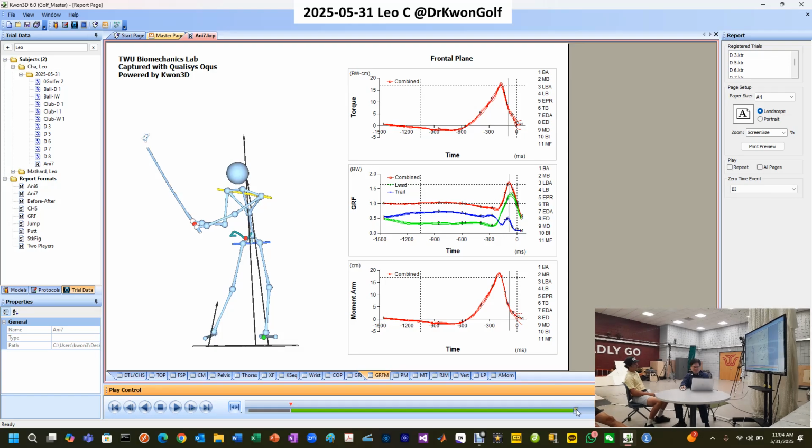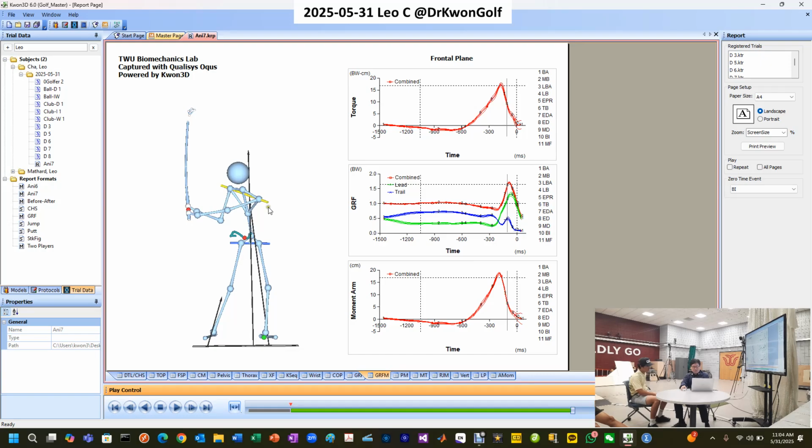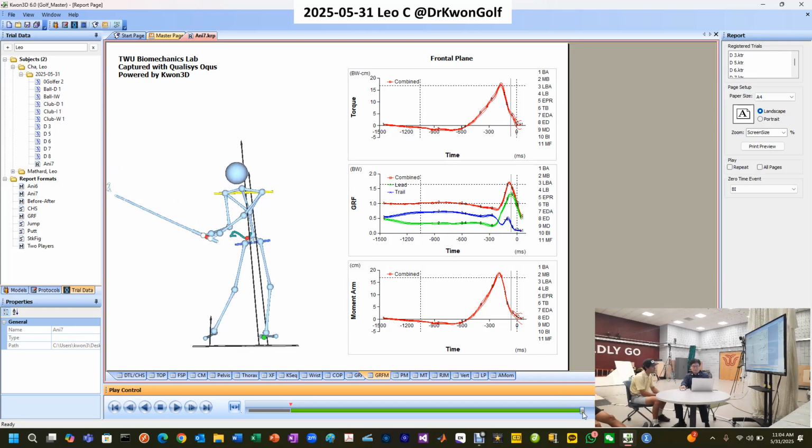So the peak force should occur about here, a bit earlier. About here, your lead foot force should be maximum. But your lead foot force is maximum about here, way after that. This is delayed.